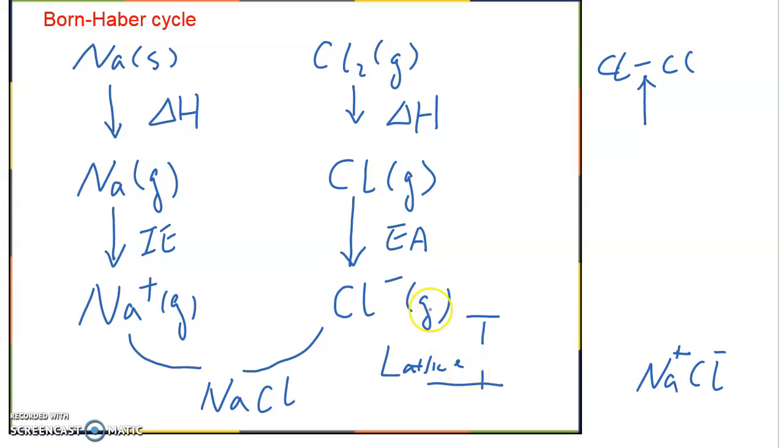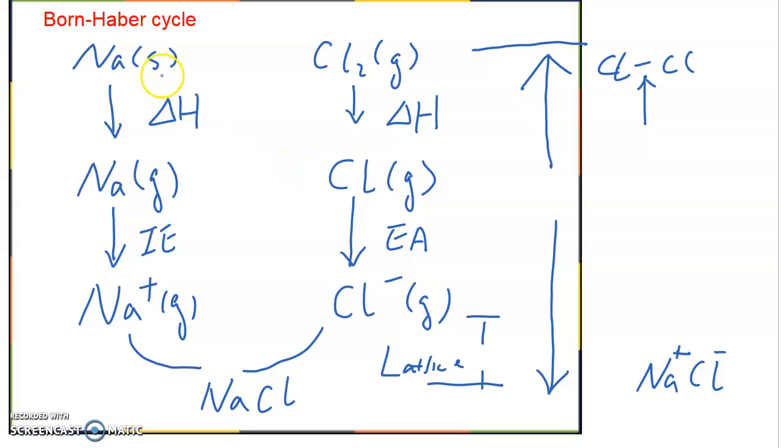So how can we get this lattice energy? Well, we know we can find energy for this step. For this step, we don't know how much it is, but we can use Hess's law to find the energy from the beginning to the end. And what is that energy?